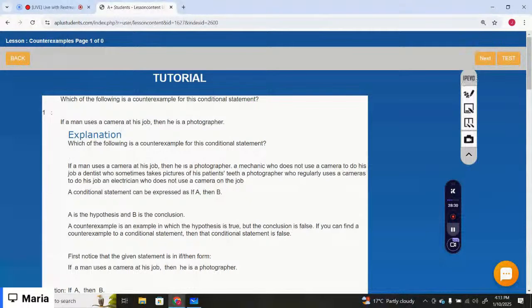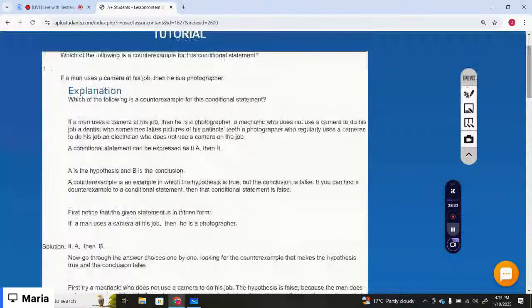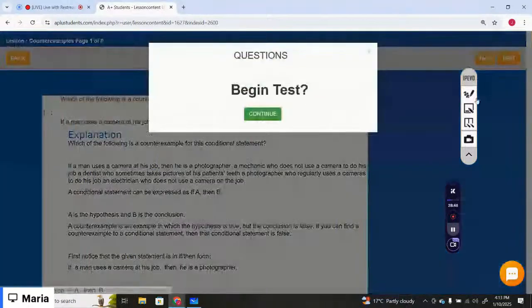Basically, we are not given the examples here. Let's just start with the test question here because here we are not given the examples.